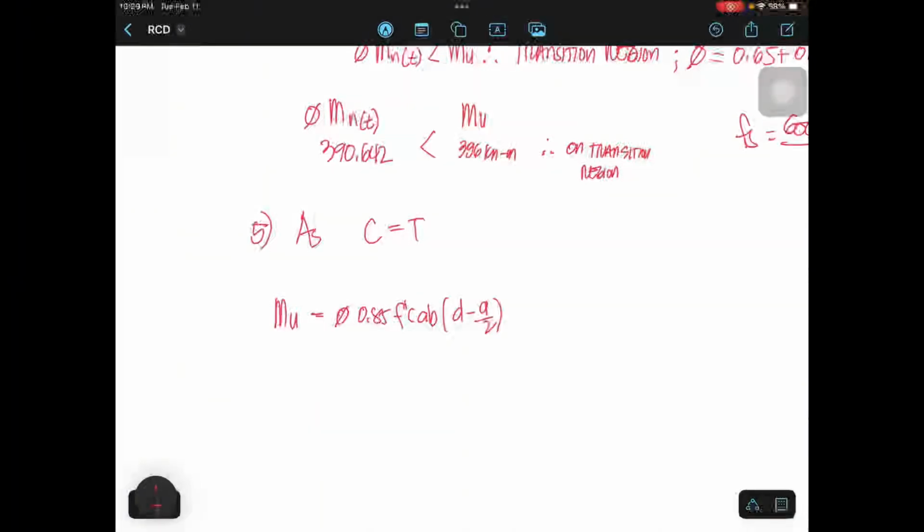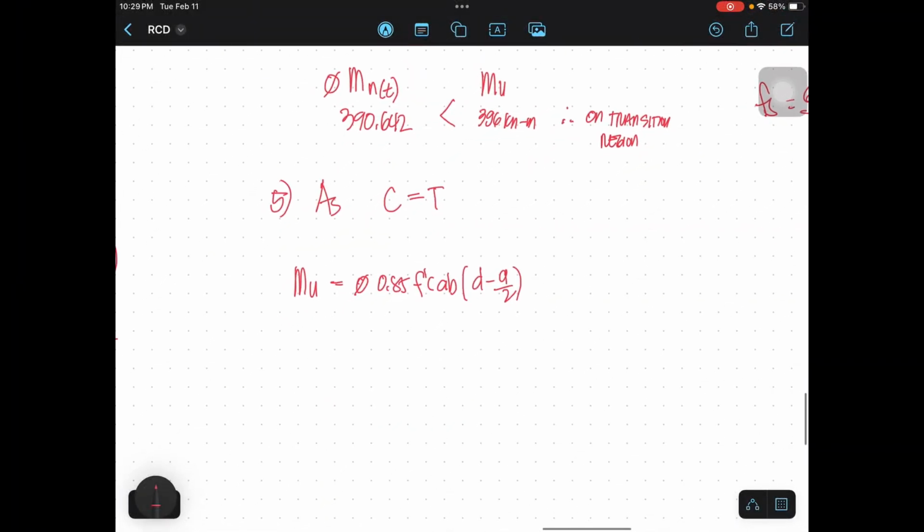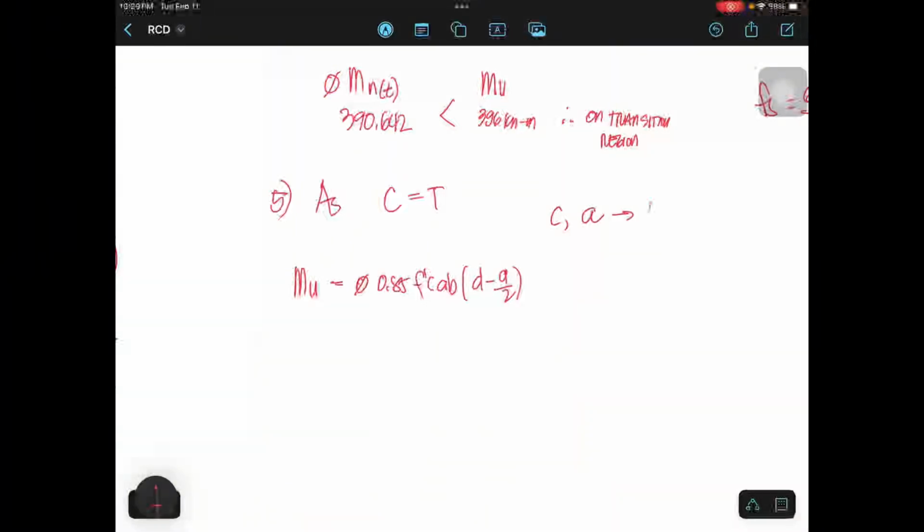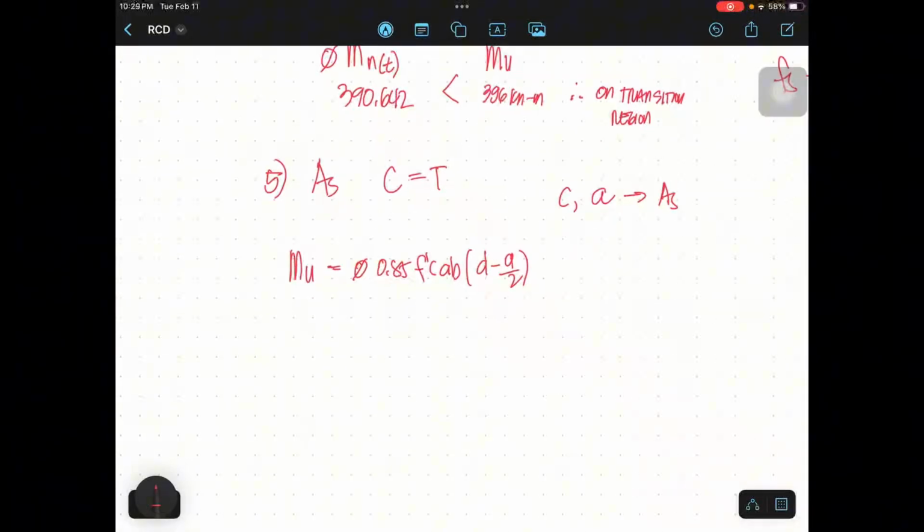So kumbaga ito yung one of our general equations throughout our discussion. Okay, we compare it. So ikukuha na natin si distance from the neutral axis muna, and then si depth of the compression block. Okay, and eventually makukuha natin na yung area of steel reinforcement.